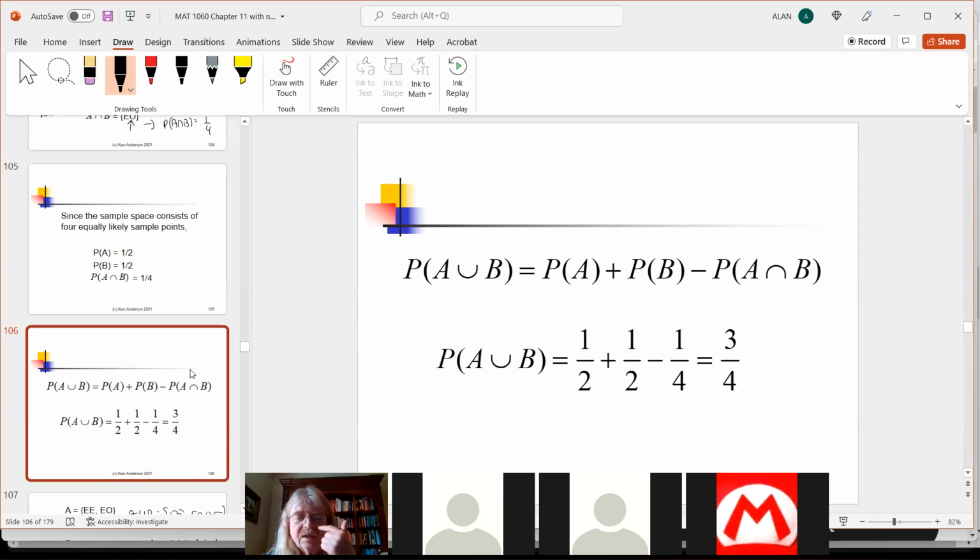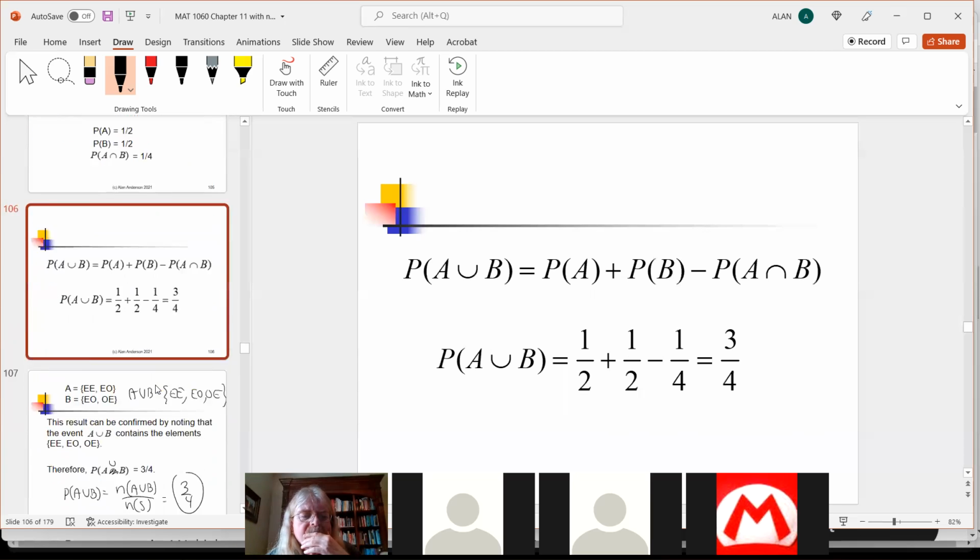So you literally just plug everything in and you can see that you end up with 3/4. And it's really that straightforward. That's all you had to do.